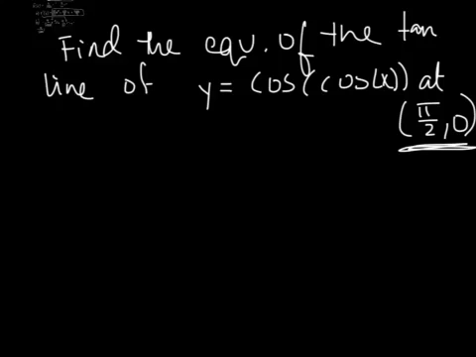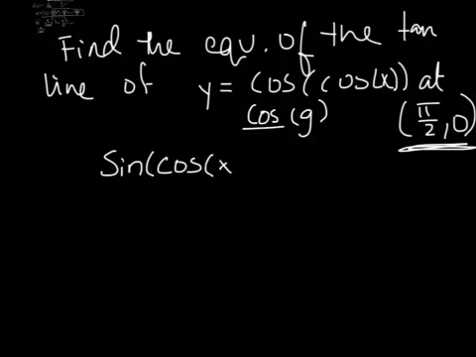And the way this looks, it goes like this. Y equals cosine of x. So remember, this would be the cosine of g, and g would be the cosine of x. So what I would do is take the derivative of cosine, which will be sine of the cosine of x, because g is the cosine of x. But it would be multiplied by the derivative of the cosine of x, which is negative sine x.